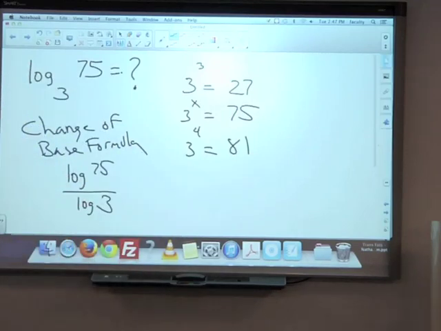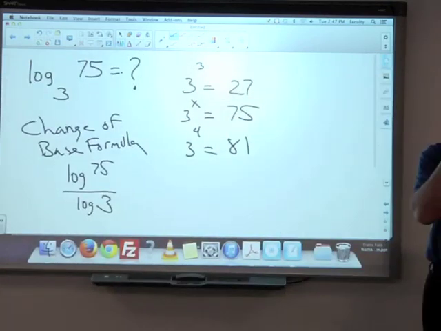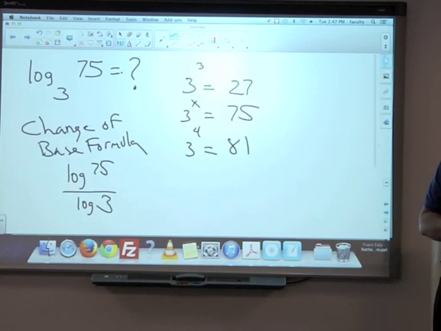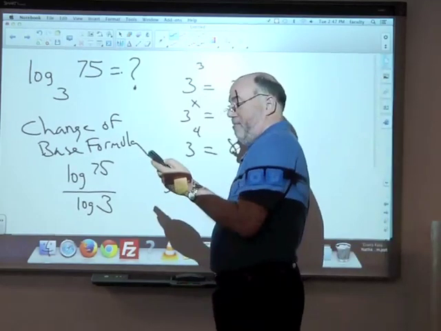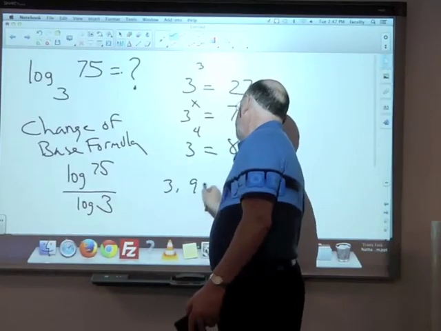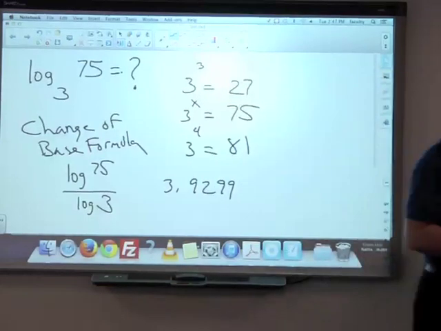You plug that into the toy, and you will get a number in between 3 and 4. And this number comes out to be 3.9299, and so on and so on.